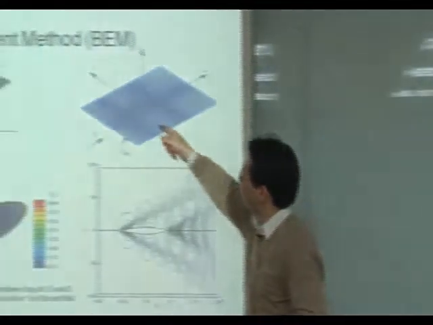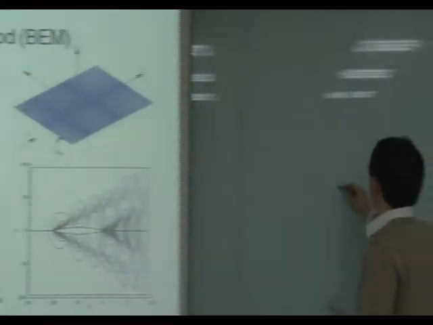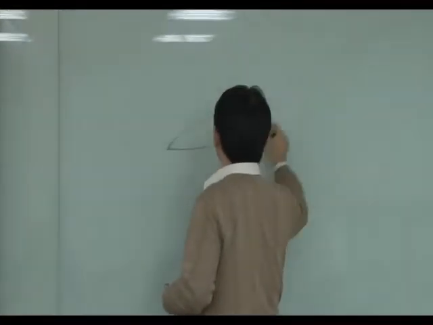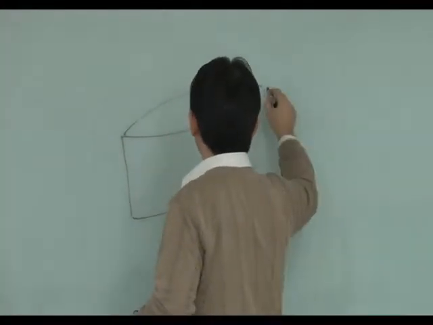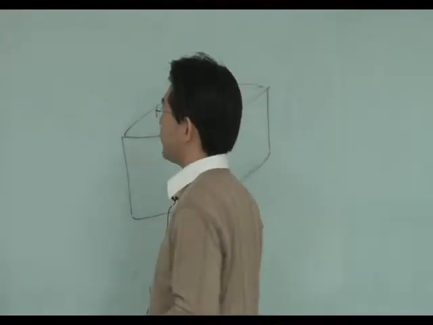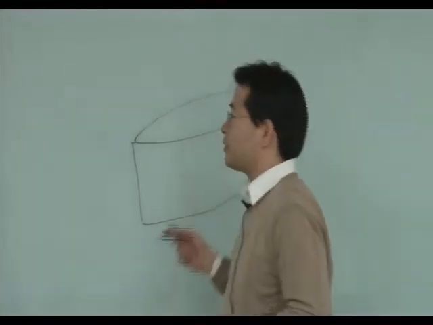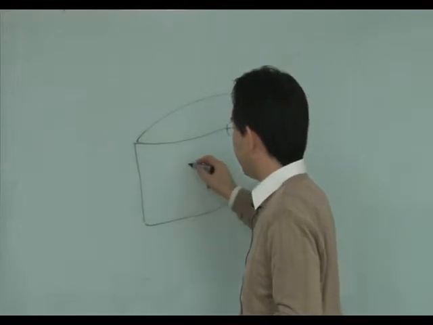The true configuration of this one is that you have one mathematically modeled ship shape. It is the Wigley model.